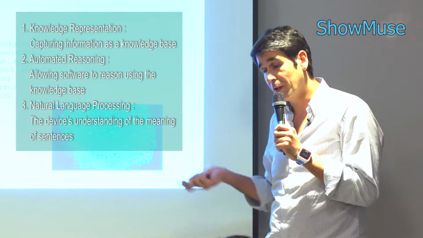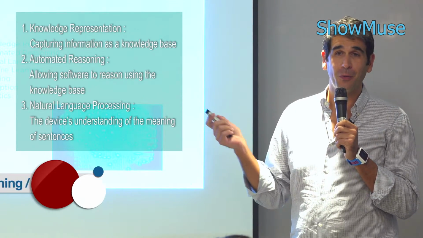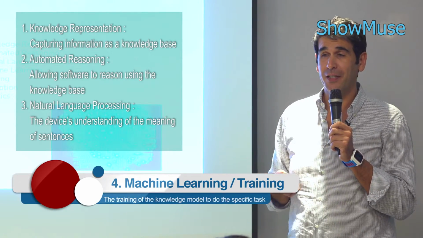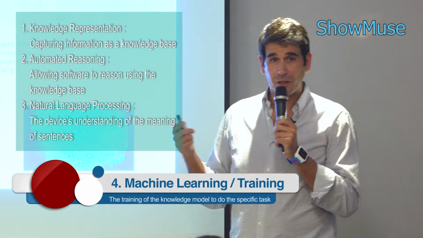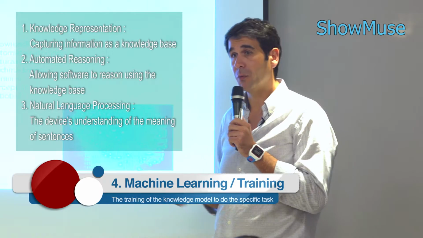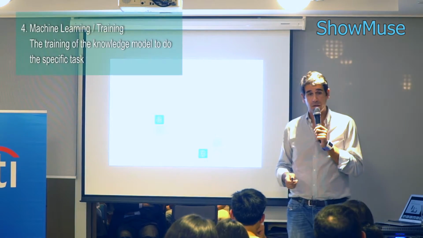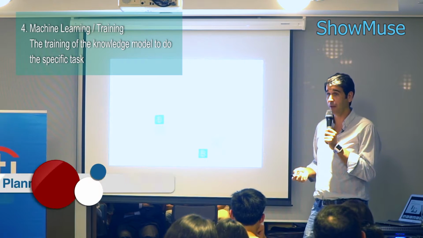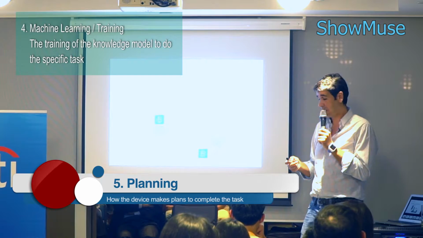Machine learning, and I will call it again machine training, deals with training the knowledge model that we've built to do a particular specific task, and that will be your neural network and your supervised and unsupervised learning that we will talk about afterwards. There is a whole discipline of study dealing with how software makes plans to complete tasks.